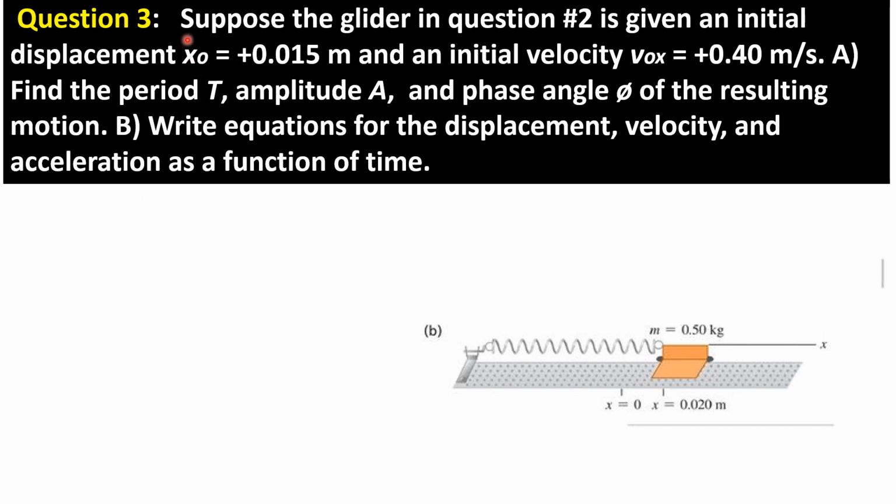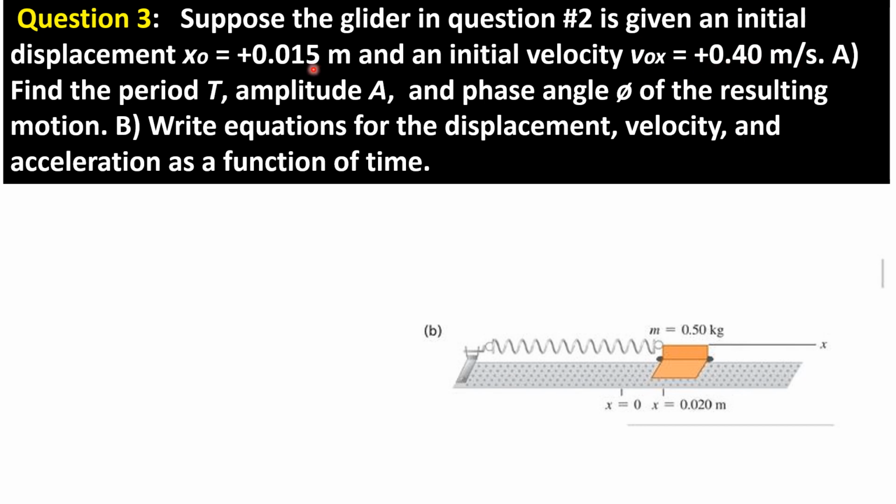Question number 3. Suppose the glider in question number 2 is given an initial displacement x naught equal to positive 0.015 meters, and an initial velocity v naught x equals positive 0.40 meters per second.